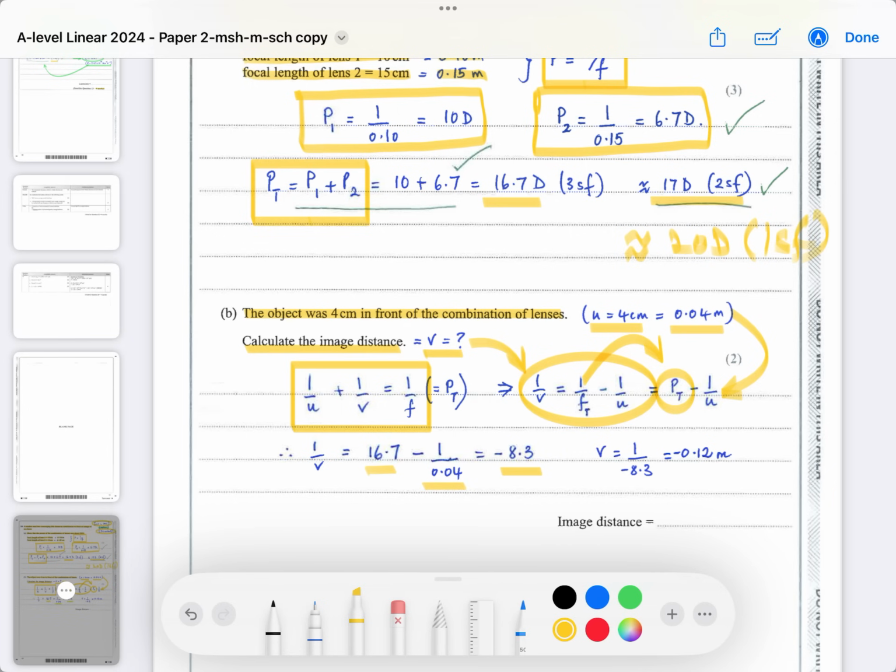And that means something about where the image will be, and we'll go into that in the next part. So if you do 1 over 1.83 to get v, you inverse it, and you'll see that it's 0.12 meters from the lens in the negative sense.